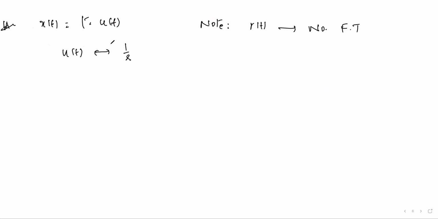Right? Now if I multiply this at t into u of t, that's it. What should I do? Minus d by ds of 1 by s. That means what? Minus 1 by s square. Minus minus plus. 1 by s square is the answer.